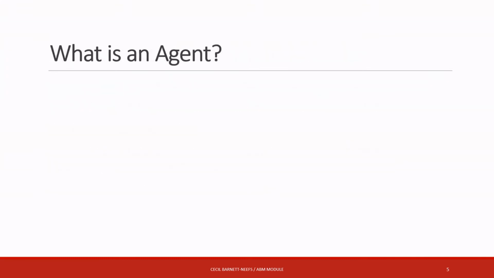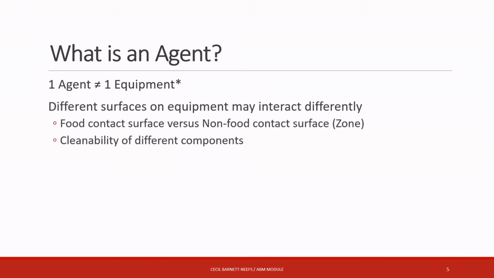In this setting, one agent does not always represent the entire piece of equipment, especially with larger and more complex objects, though smaller and simpler objects can be more easily represented as a single agent. Factors to consider in splitting equipment up into separate agents include hygienic zoning, cleanability, and the overall understanding of their importance in the spread and persistence of pathogens in the facility.